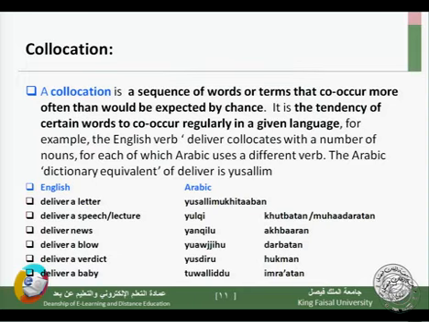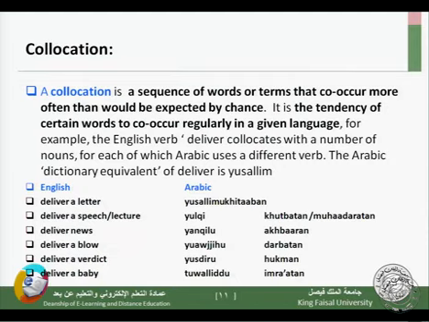They have the tendency to co-occur regularly. They come together, one after another. You cannot change the order of them. I will come back later to this order business. It is a pattern, an arrangement.